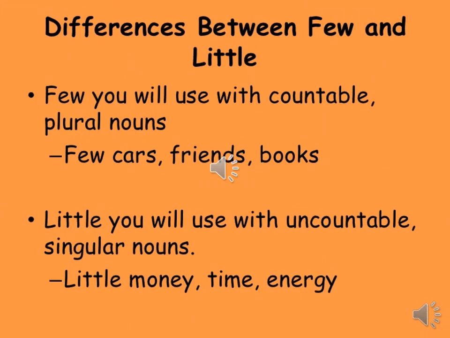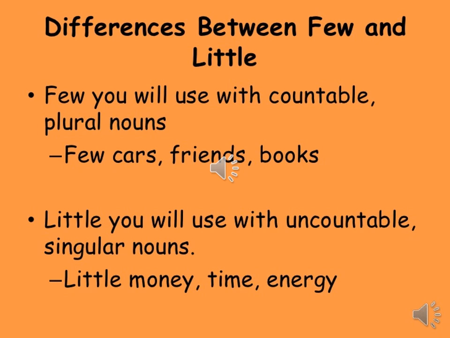For more clarifications about using a few and a little, we use few with countable plural nouns. This means countable nouns that can be counted. For example, cars. How many cars? So we can count 1, 2, 3, 4, and so on. So we use a few.